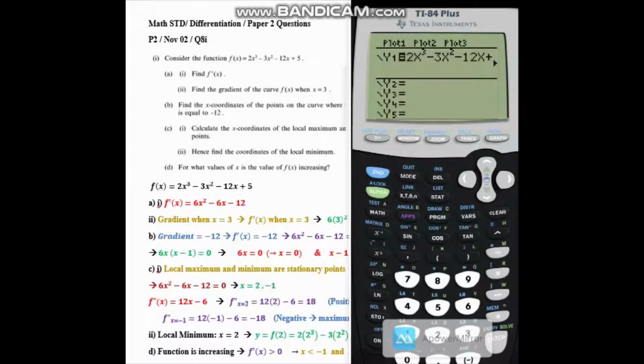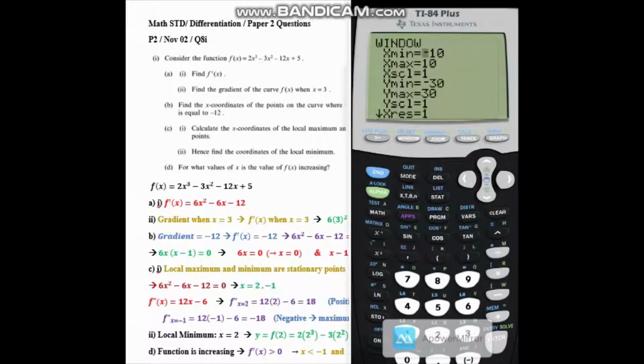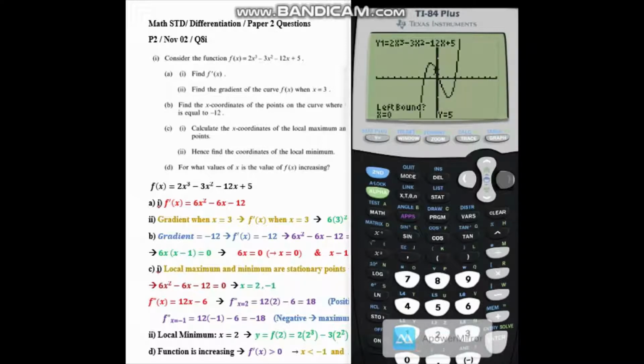So I've written my function down on the GDC. I've set the windows using these numbers for your reference. This is how the function should look. So I shall quickly press second, calculate, minimum point, provide a left bound, a right bound, and a guess.